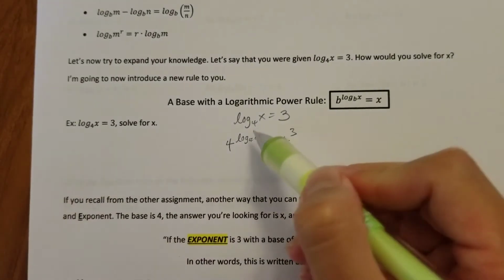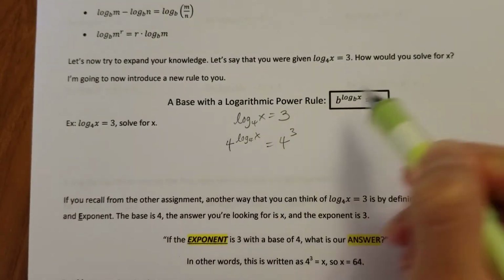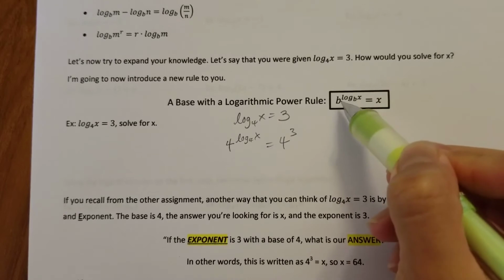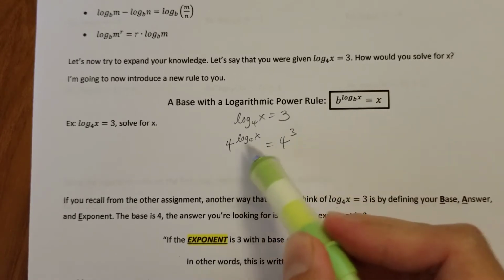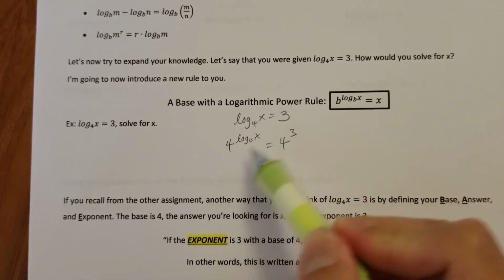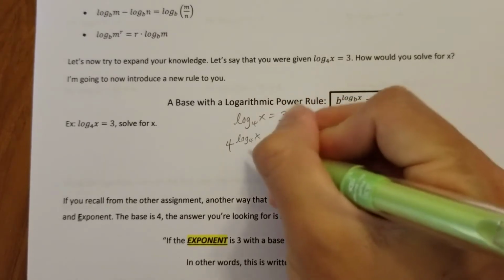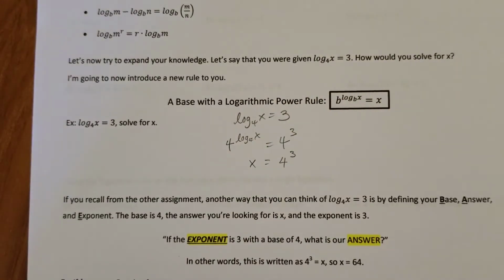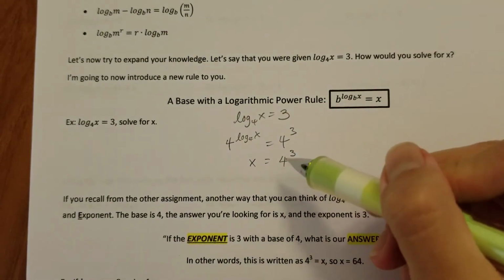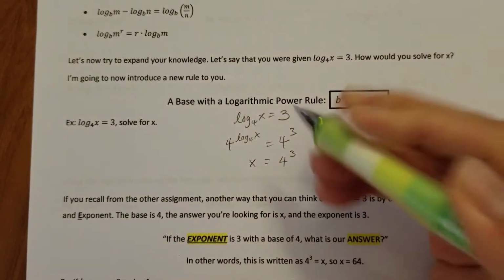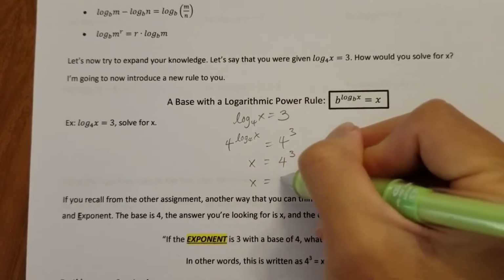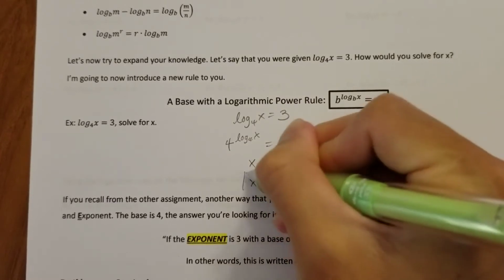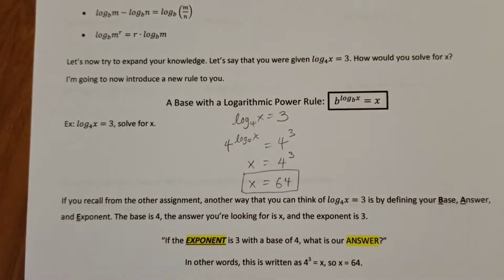Now this expression looks like the rule, except b is equal to 4, so it's just x. So x equals 4 cubed. Evaluate 4 times 4 times 4, which is 64. So x equals 64.